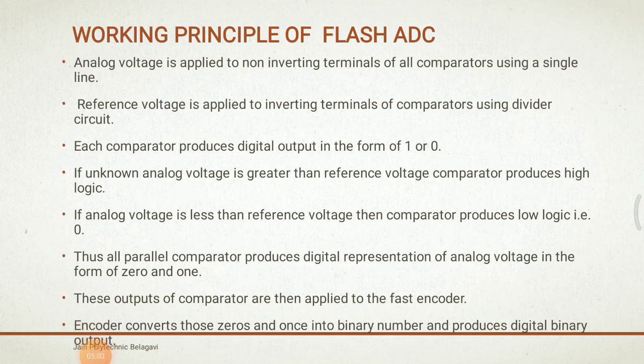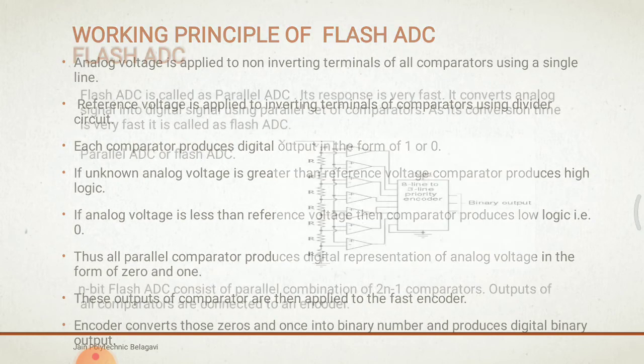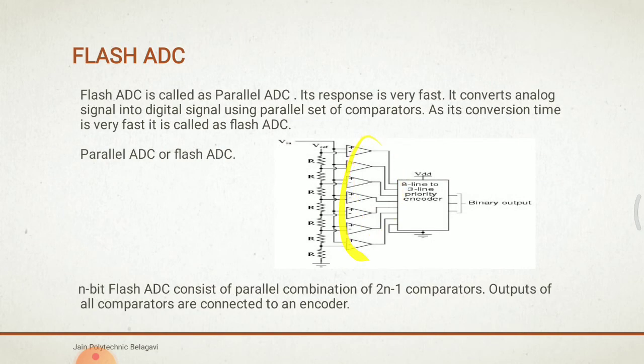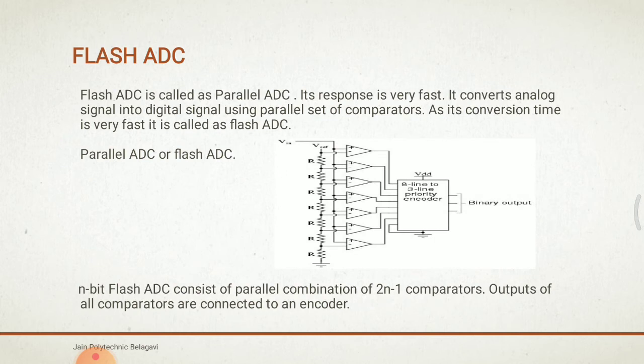Each comparator produces ones and zeros. If the analog voltage is greater than the reference voltage of the comparator, then it produces high logic. If it is less than the reference voltage, then the comparator produces low logic. So here you will get high logic and low logic.